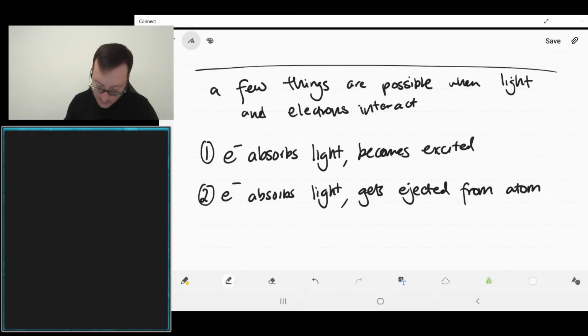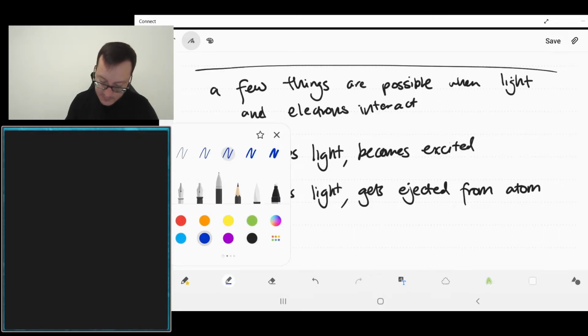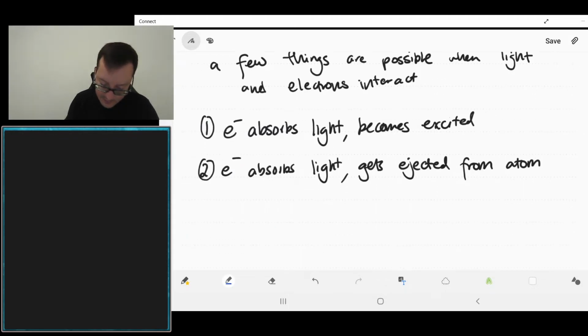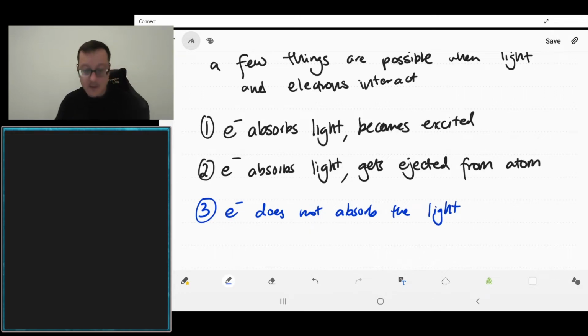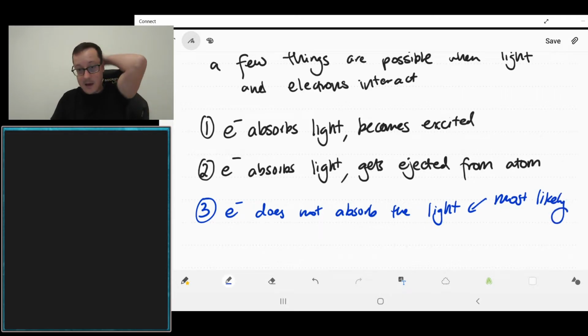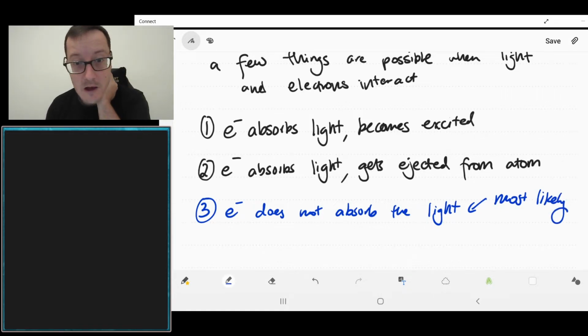And the third one, which happens most often, is that the electron does not absorb the light. This is the most likely scenario, and we're going to see why.